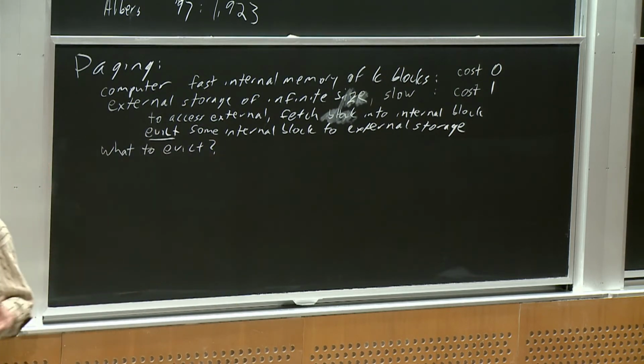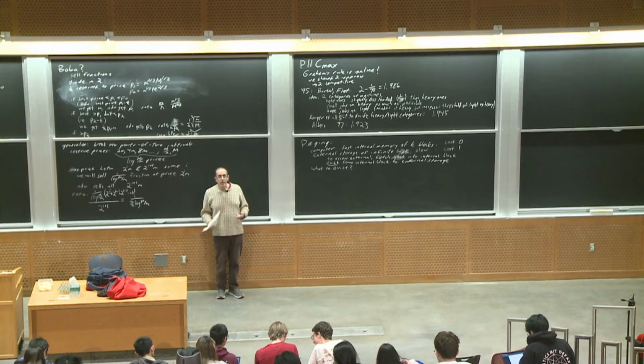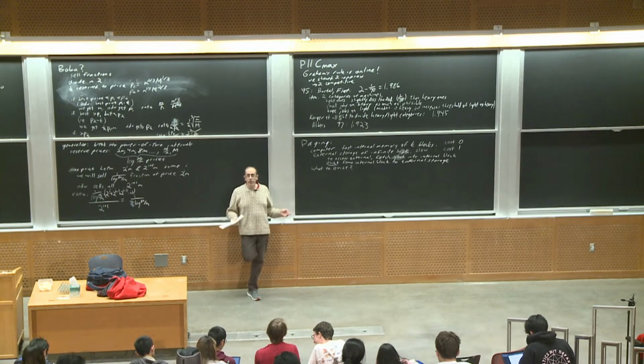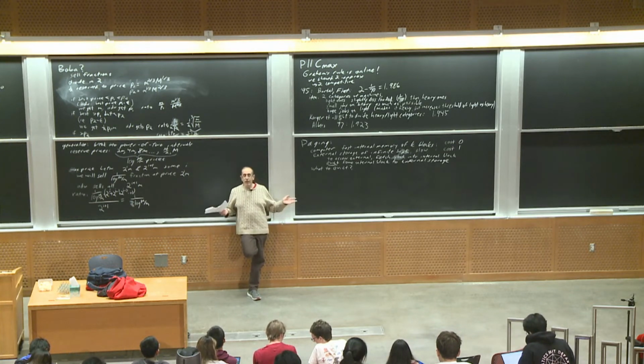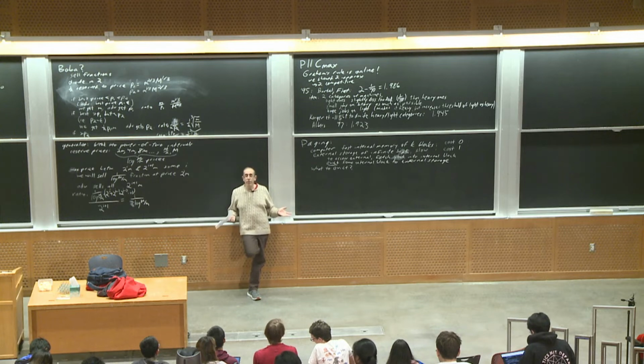And you know, these requests, these accesses to memory, of course, are being driven by some program that's running in the computer, but we don't actually care what the program is doing. All that matters to us is the sequence of memory requests, okay? And how we respond to that sequence of memory requests.